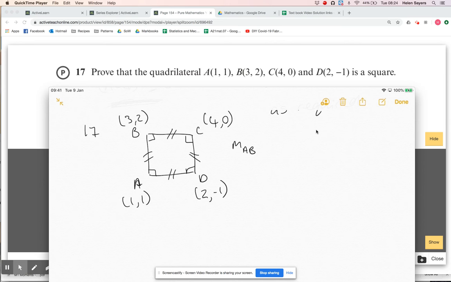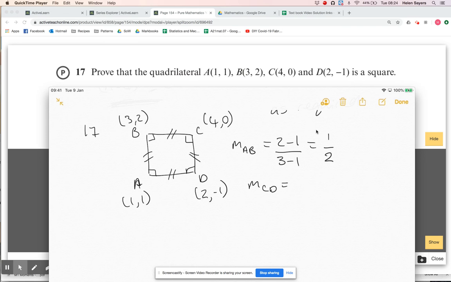Okay, so gradient of AB, so change in y over change in x. Make sure I'm looking at the right values. So that is giving me a gradient of a half. I think I'll just do all 4 gradients. I probably could justify it just from finding a couple, but it's probably just as quick. So I'm hoping CD is parallel.